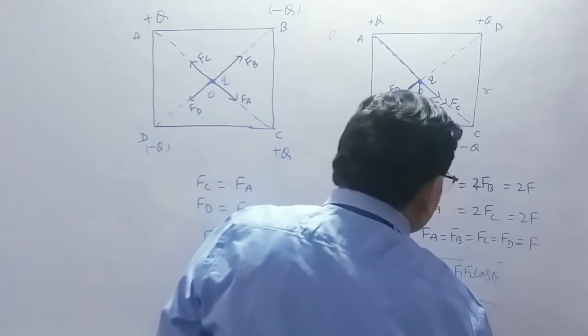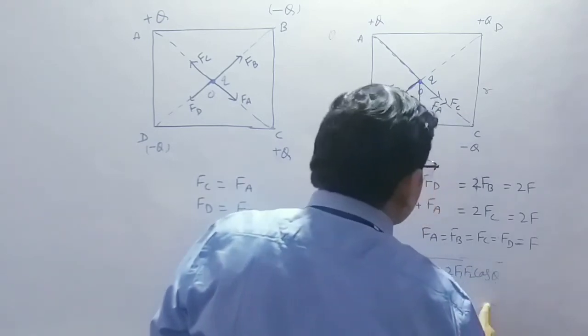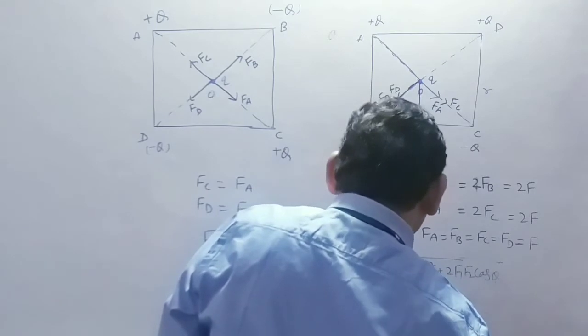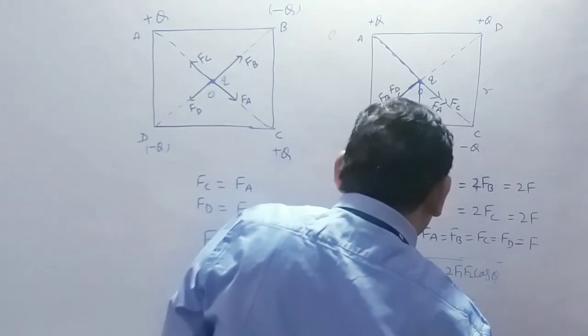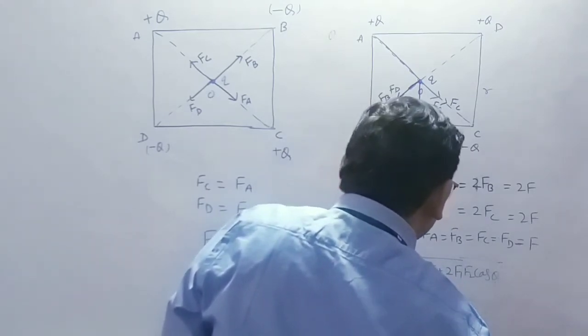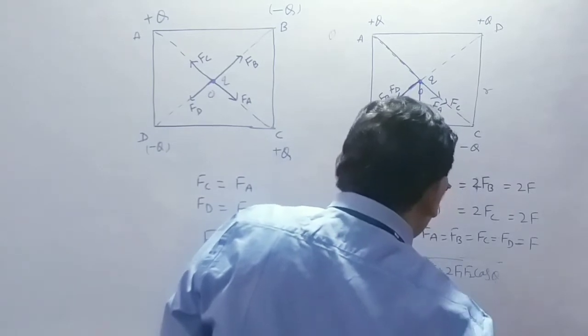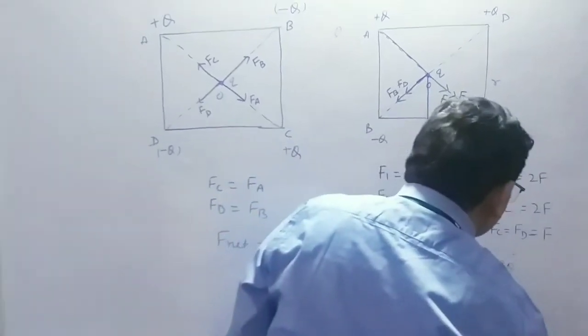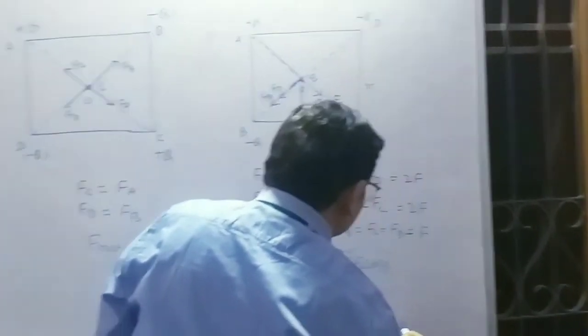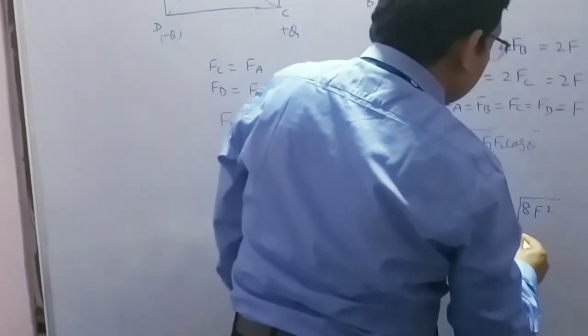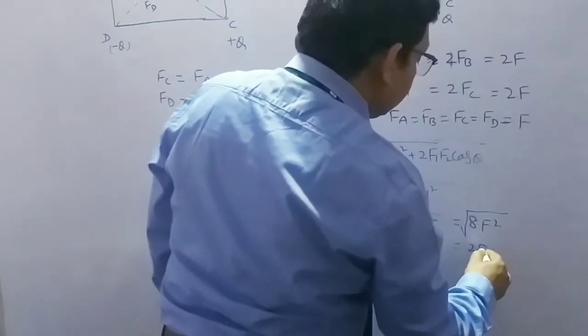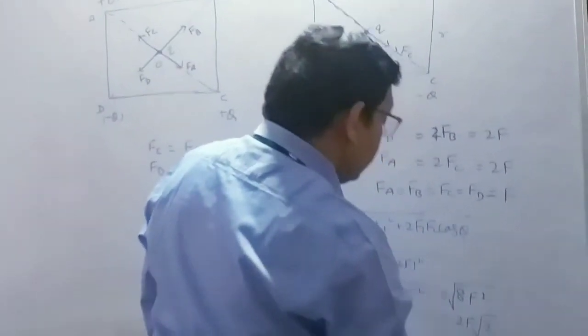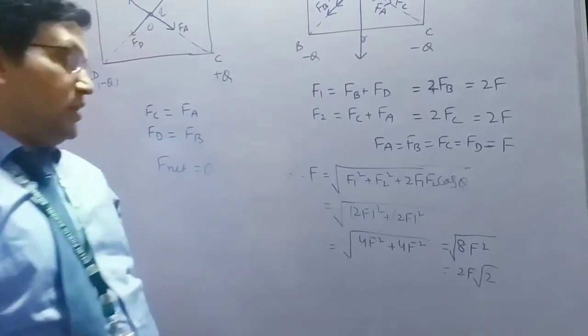So cos 90 is 0, so only we have this. 4F square plus 4F square, total 8F square. So 2F root 2 will be the resultant force acting in the downward direction.